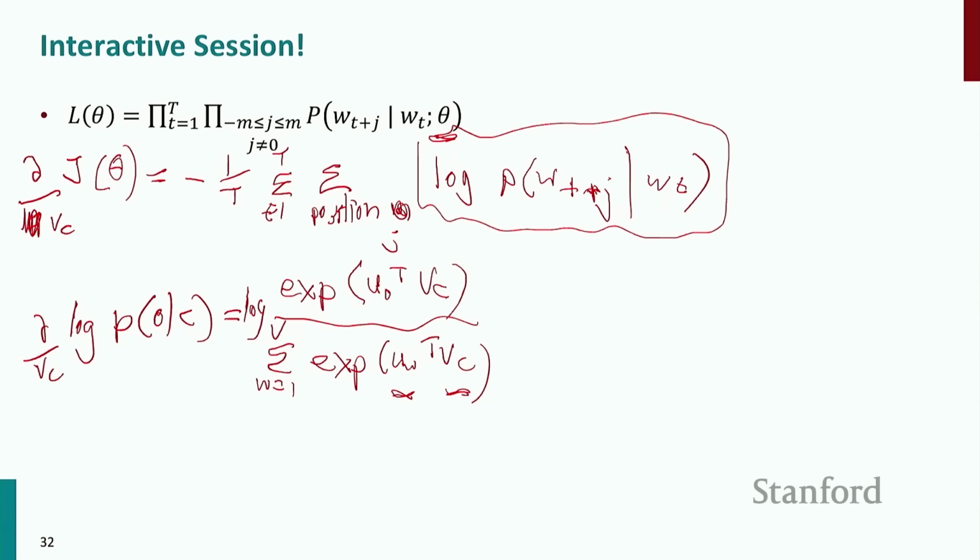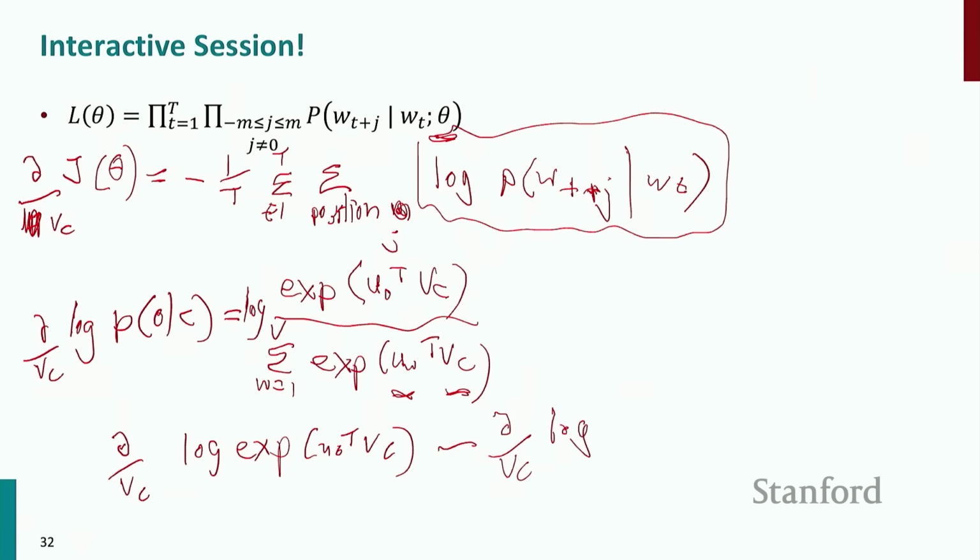And so what I'll be doing is working out the partial derivative with respect to the center vector of the log of the numerator, log exp of u_o transpose v_c, minus the partial derivative with respect to the denominator, which is then the log of the sum of w equals 1 to V of exp.